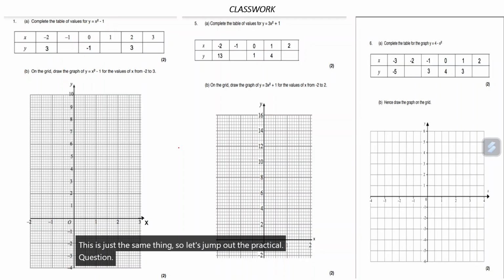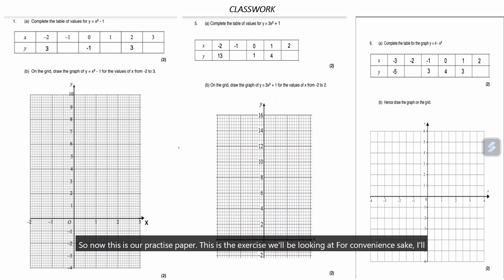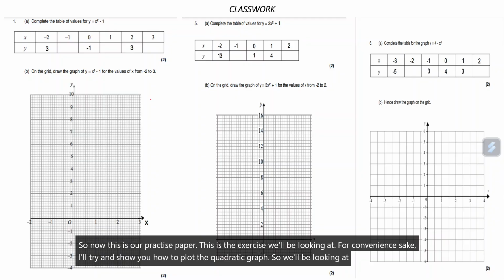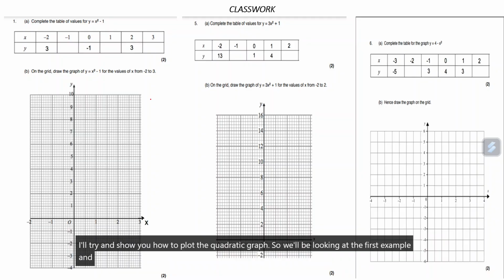So now this is our practice paper. This is the exercise we'll be looking at. For convenience's sake, I'll try and show you how to plot the quadratic graph. We'll be looking at the first example, and I will encourage my learners or my viewers to practice the other ones.